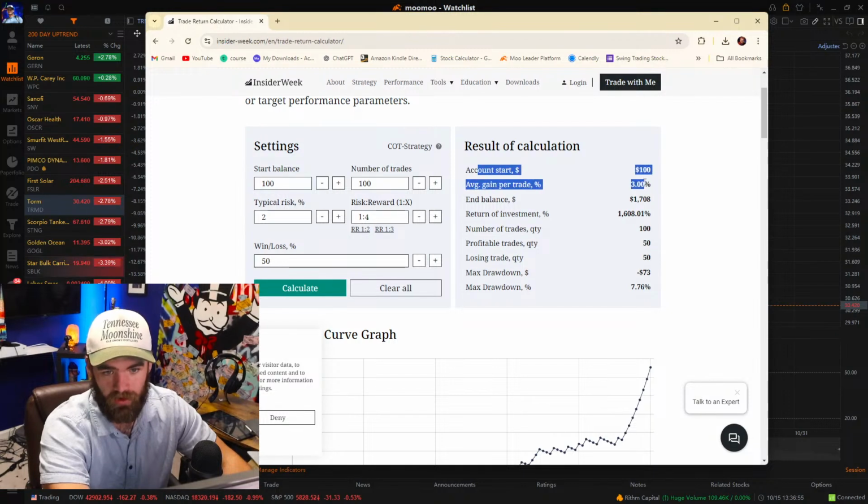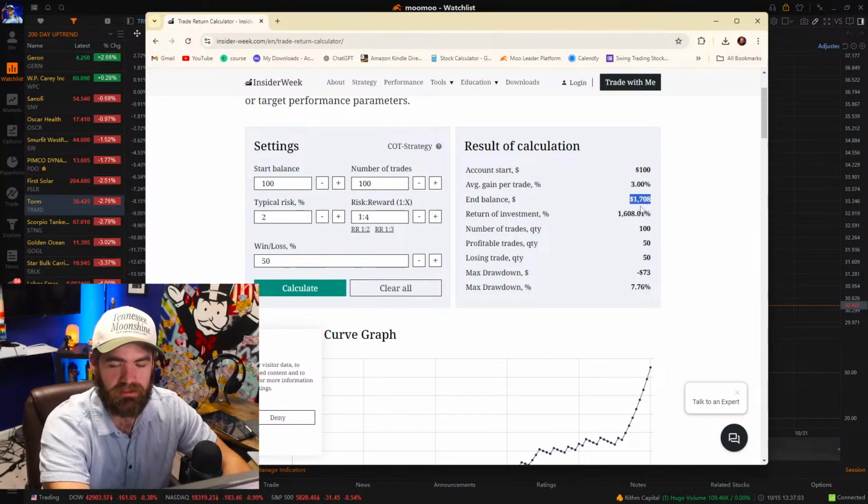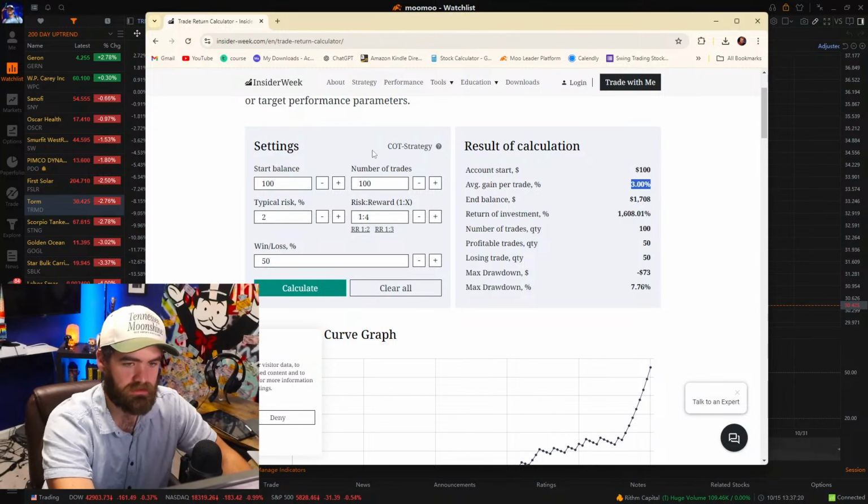Your total account here with 3% gain per trade, your end balance after the 100 trades is going to be about $1,700 off $100. So yes, taking small profits ends in huge results.